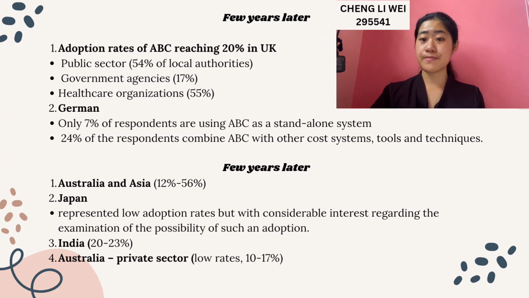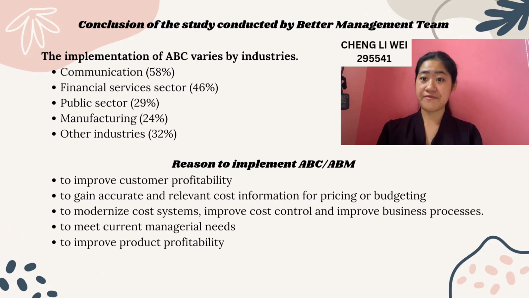In 2005, a dedicated team of professionals, a better management team with business management experience, conducted an empirical study among companies all over the world to determine the state of ABC and ABM. The respondents came from various industries like manufacturing, financial service, communication, consulting, IT, healthcare, or public sector.